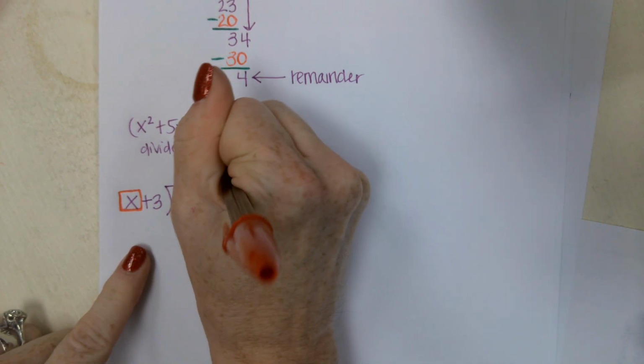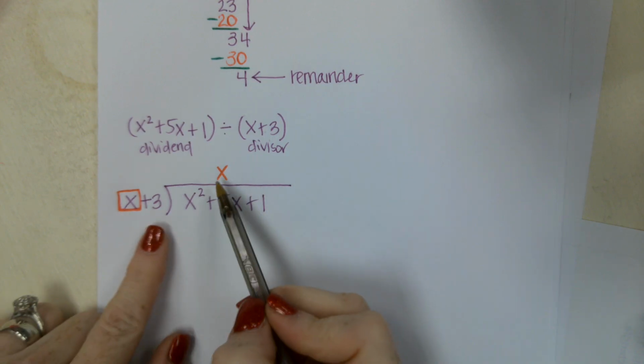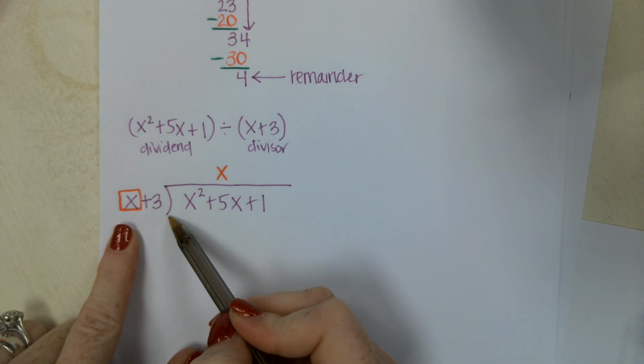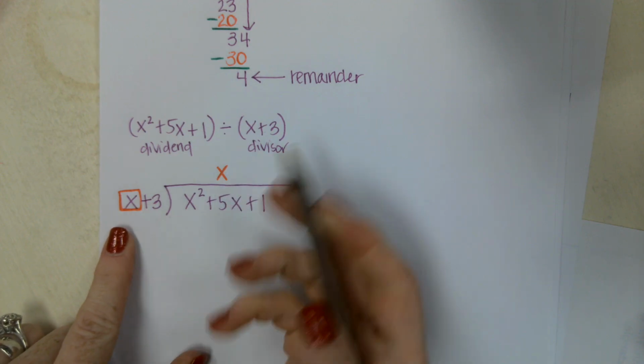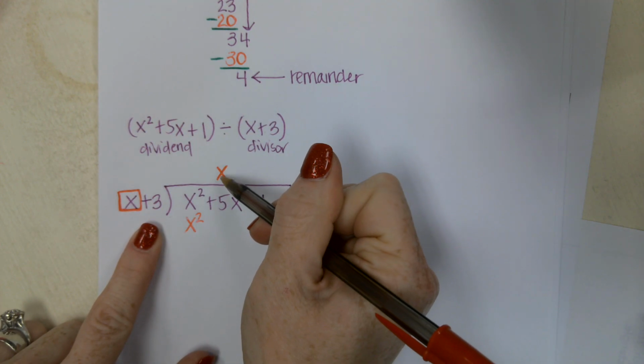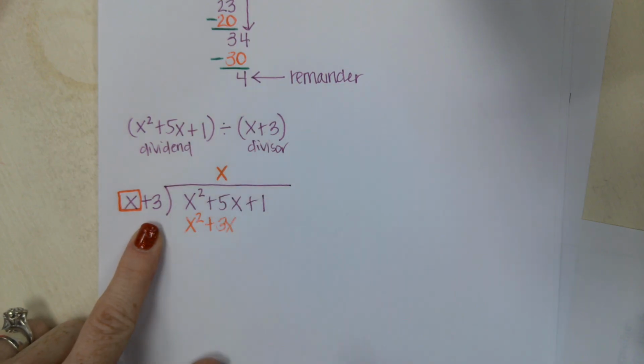An x, okay? Now, do you remember how I took that 2 and I multiplied it by the 5? Right here, because I have an x and a 3, it's almost like I have to do the distributive property. You're going to do x times x, which is x squared. You also have to then do x times 3. So that gives me a positive 3x.